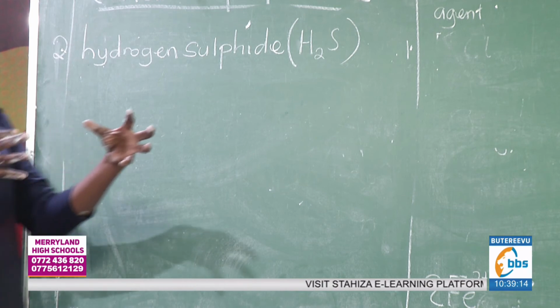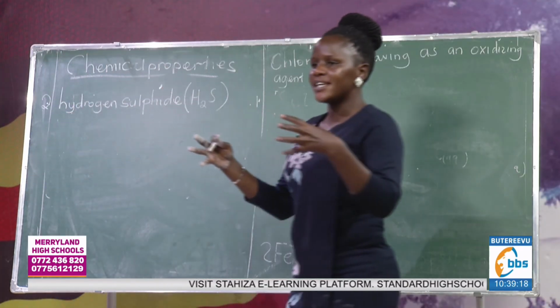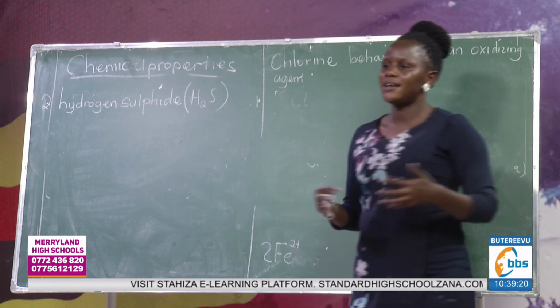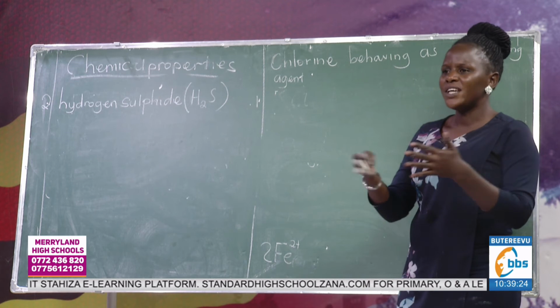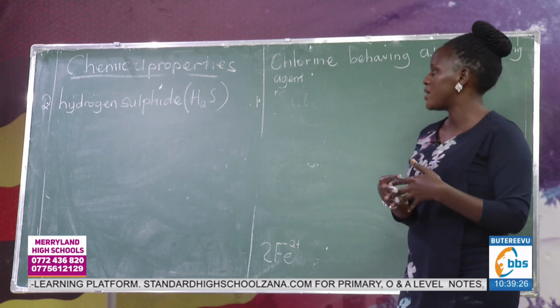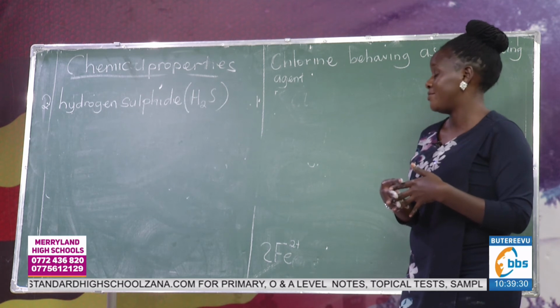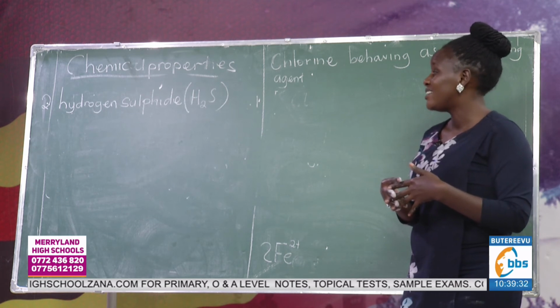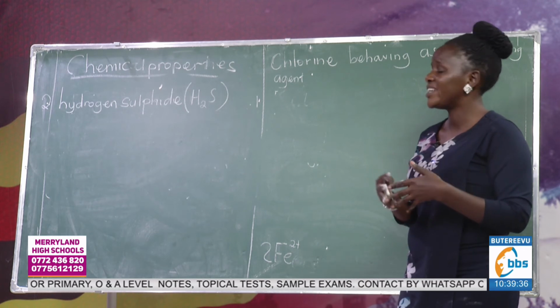So when you bring two gas jars, one containing chlorine gas, another one containing hydrogen sulfide, and you let the gases mix, what are you going to observe? Remember, we said chlorine gas is greenish yellow in color.